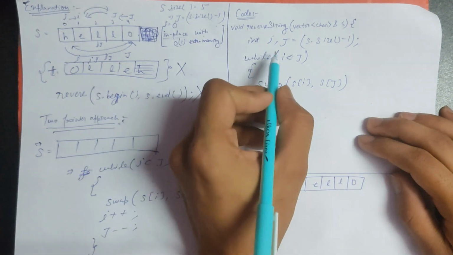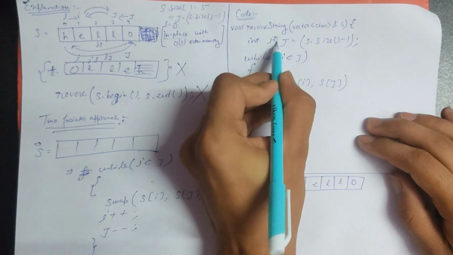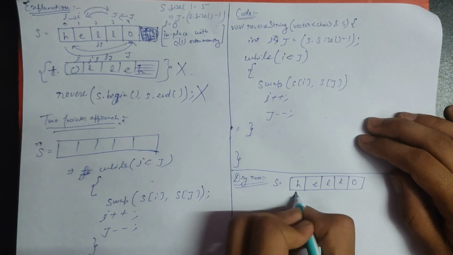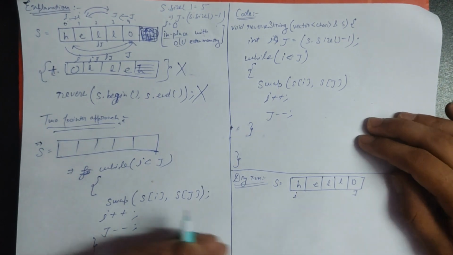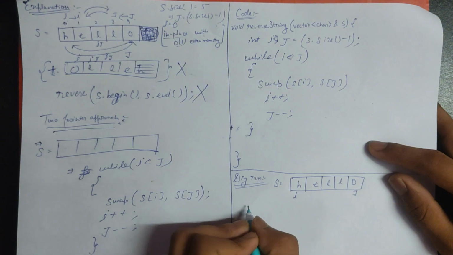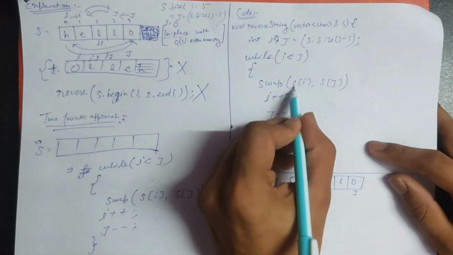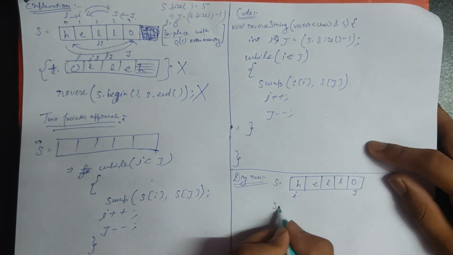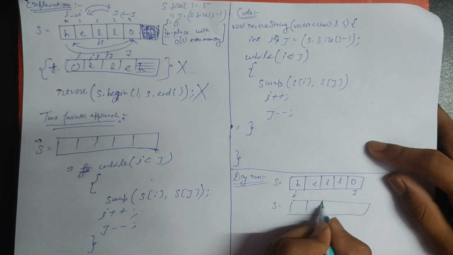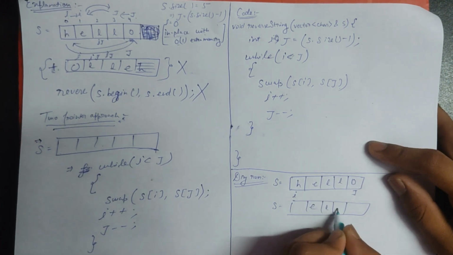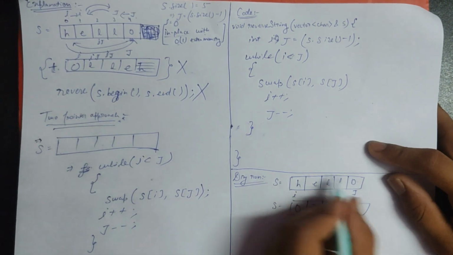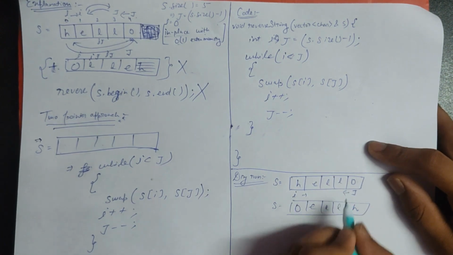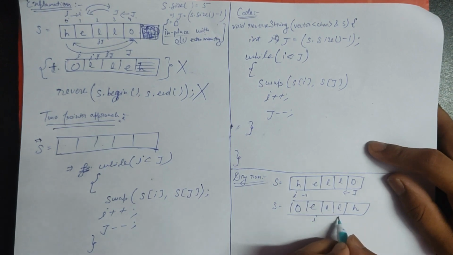Initially, at the time of initialization, int i will be 0. So i will be here at the starting, and j will be here at the end. At the first iteration, while i is less than j, we will swap s[i] and s[j]. So these two values will be swapped. O will be swapped here, this H will be swapped here, and s will look like this. i will be incremented here, j will be decremented here.